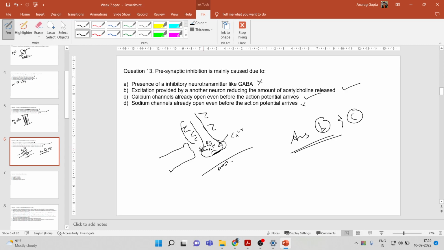Calcium channels open up, right? Till this part, do you agree? Yeah, that's fine. That in turn is going to lead to release of acetylcholine. Now this does not finish its activity here. It continues to excite this region, and the calcium channels continue to be open.